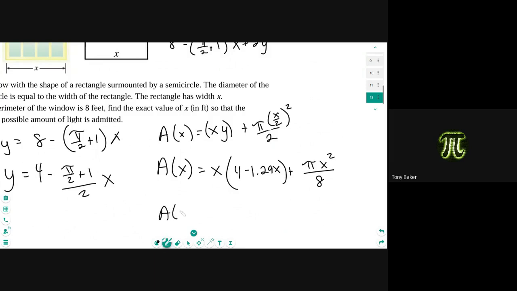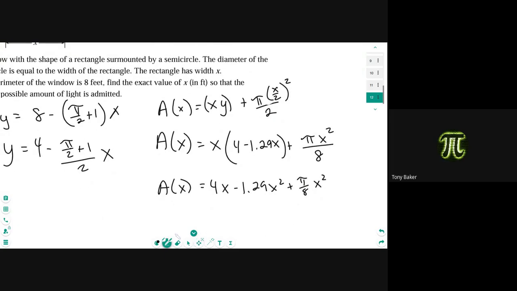So we've got 4x minus 1.29 x squared plus pi over 8 x squared.